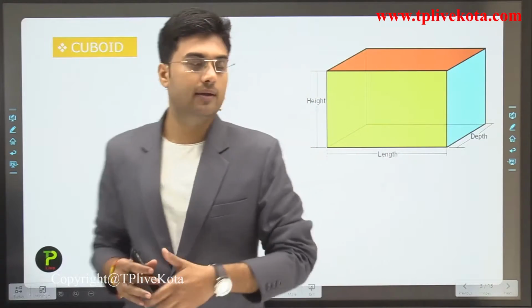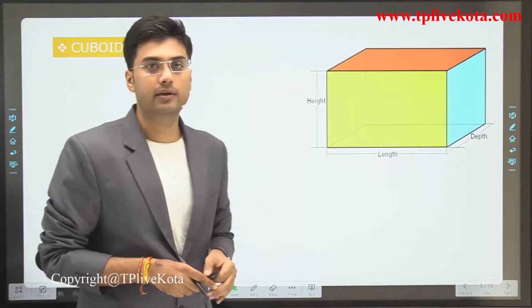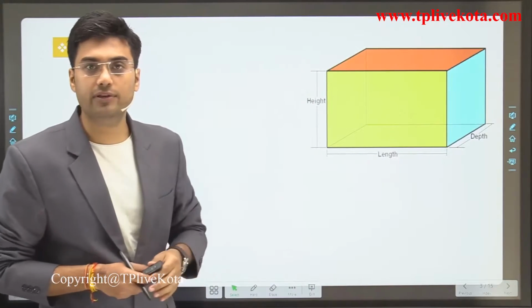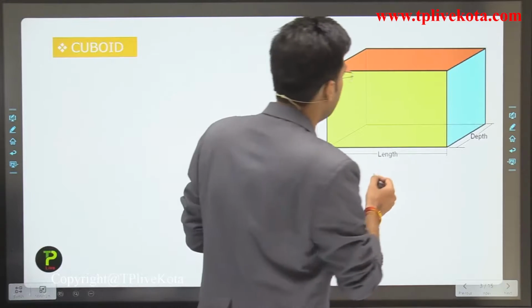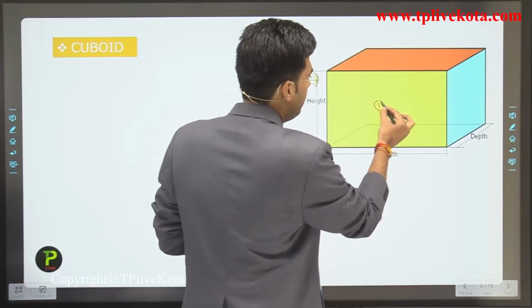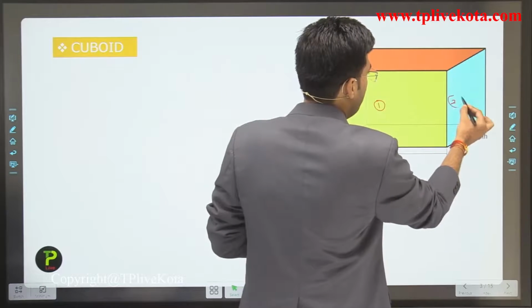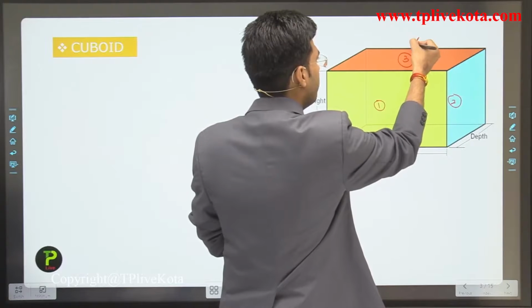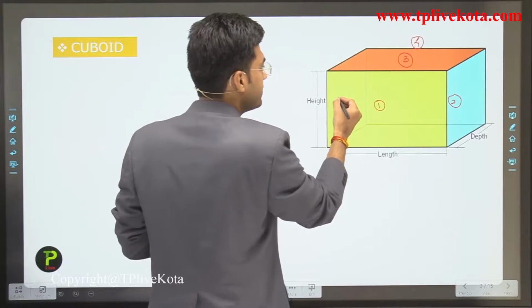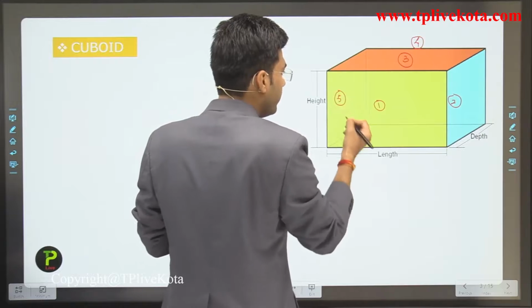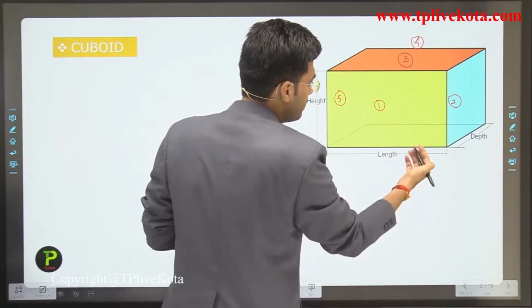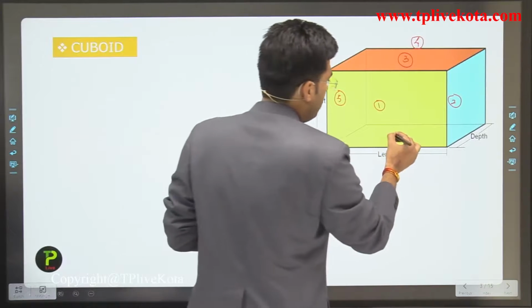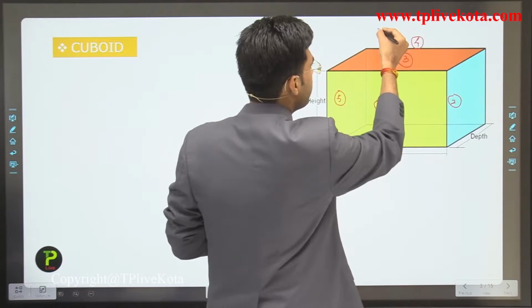What is the cuboid? This is the diagram of a cuboid. It is a solid figure which has 6 rectangular faces. 1, 2, 3, and opposite to the first face we have our fourth face, and opposite to the second face this is the fifth face, and opposite to the fourth face, which is at the bottom, this is the sixth face, and all the faces are rectangular here.